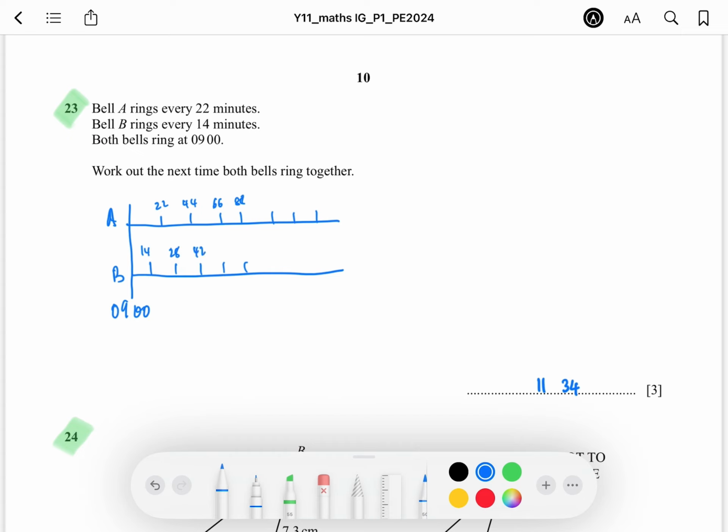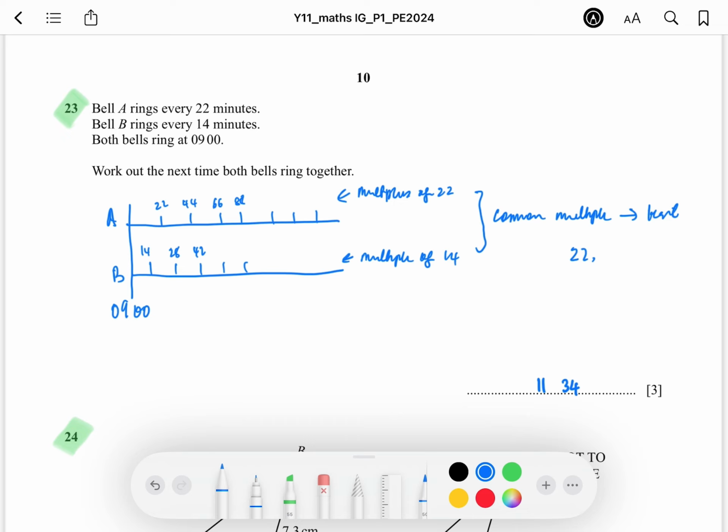So what actually this is, these are multiples of 22, and these are multiples of 14. So what we want to find is the common multiple for both. The first one, so that means we find the least common multiple. So you can do the listing, or you can do your LCM.